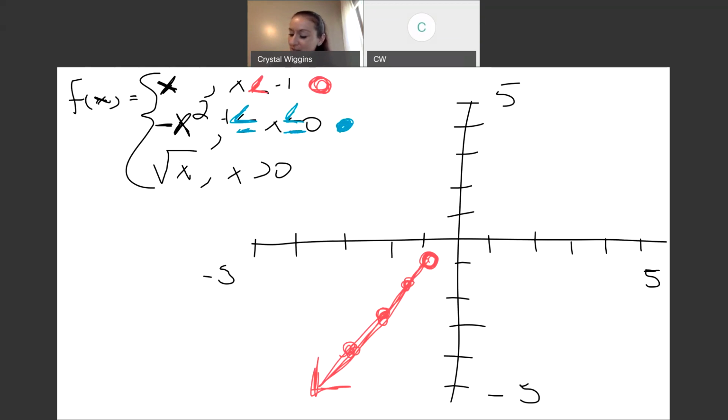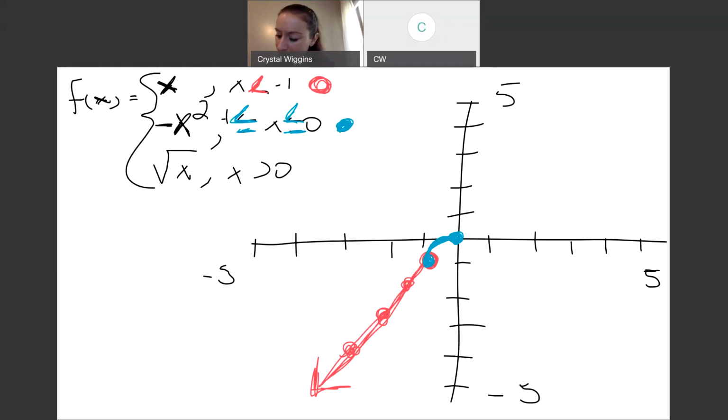So again, this also has a point -1, -1. So it's going to overlap, but it's going to be colored in this time. And then the point 0, if I put 0 into -x², it comes out to be 0. And this is actually a very small piece of the function. So I'm going to draw the function. It's an upside down parabola, so it has this tiny little half smirk, upside down frown.